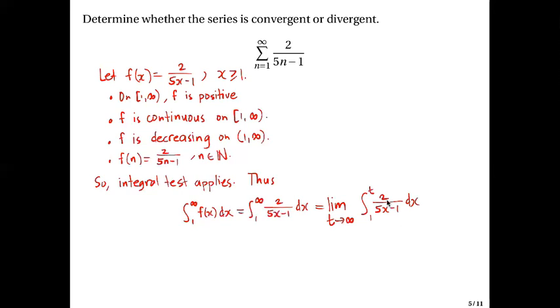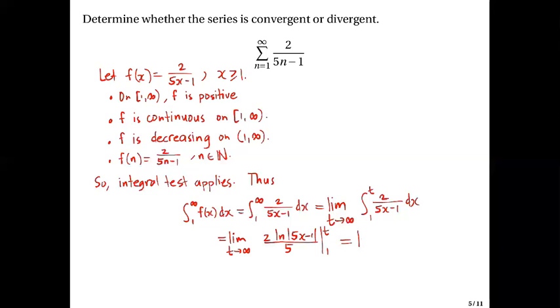And you know that this is just ln. So that's equal to the limit as t approaches plus infinity of 2 over 5 times ln absolute value of 5x minus 1, evaluated from 1 up to t.